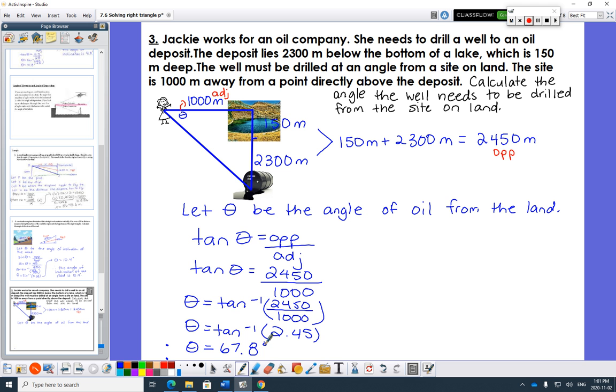Okay, so again, you can skip this step right here. If you can put this in your calculator using brackets, that's fine. But then remember to write an answer statement.